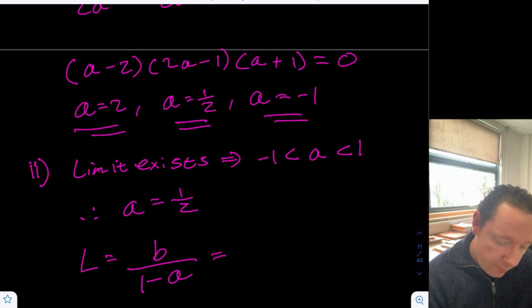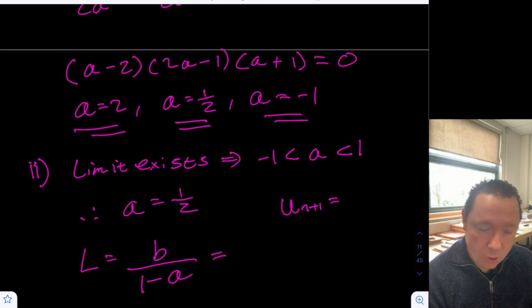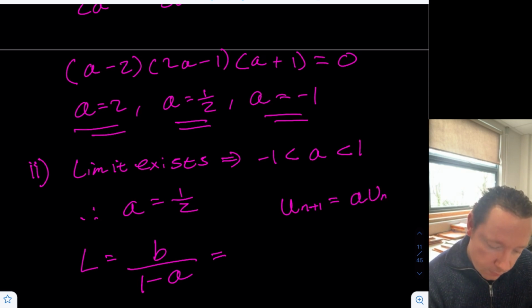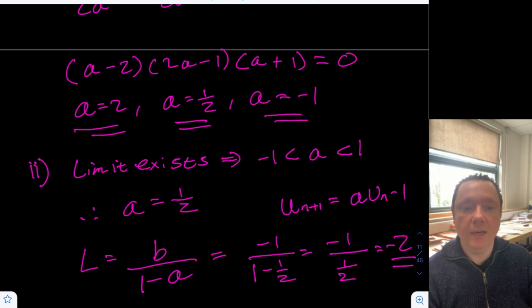So remember, un plus 1 was equal to aun minus 1. We now know that b is our last number, so it's minus 1 over 1 minus a half. That's minus 1 over a half, which is minus 2. So the limit of the sequence is minus 2.